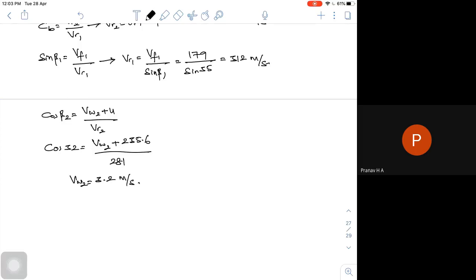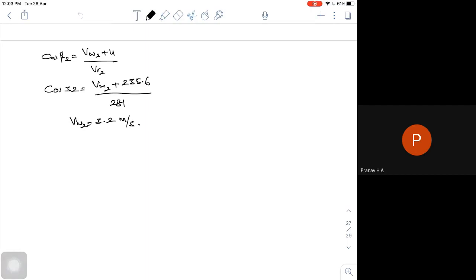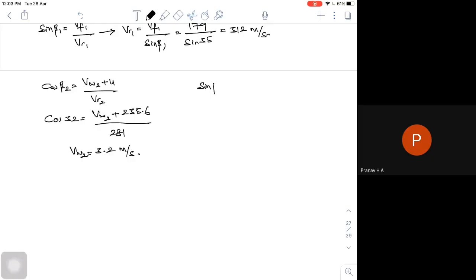What is my VF2? See here, because of friction, VF1 is not equal to VF2. So I can use sin beta 2 is equal to VF2 divided by VR2, or VF2 is equal to VR2 into sin beta 2, where VR2 is 281, into sin 32.